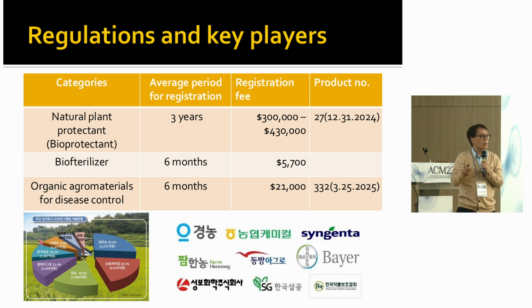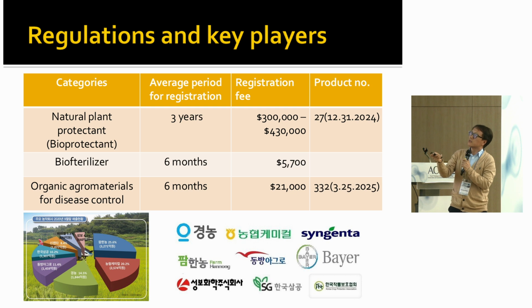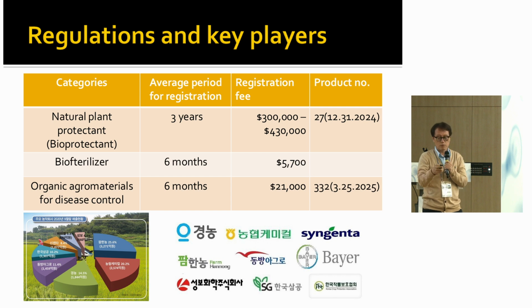This is a little bit lower level than a biocontrol agent, because it takes 6 months and 21,000 US dollars. So most companies are interested in this category first, and if it's really effective, they move to biocontrol agents. So it's kind of an intermediate product you can sell in Korea.